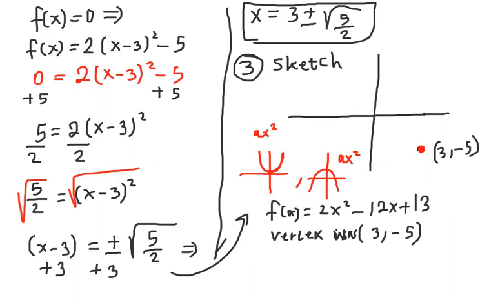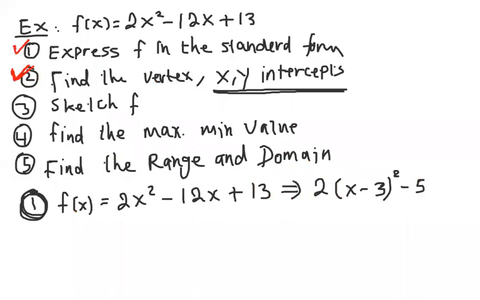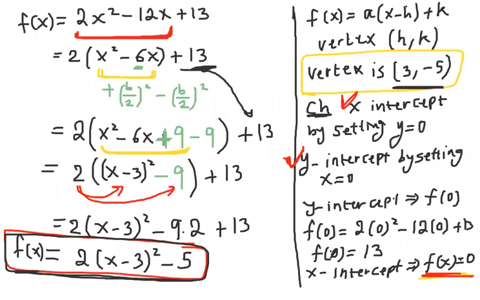Now, like I told you, to graph this function we have to know the standard form, the vertex, and the x and y intercepts. If we go back to the standard form, a here is 2, so it's positive.